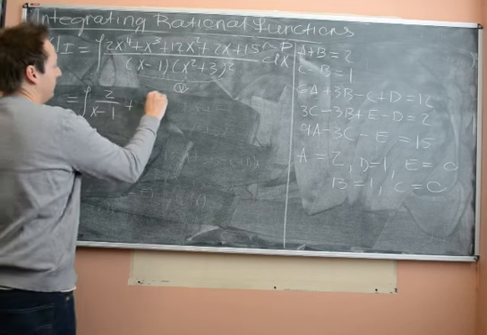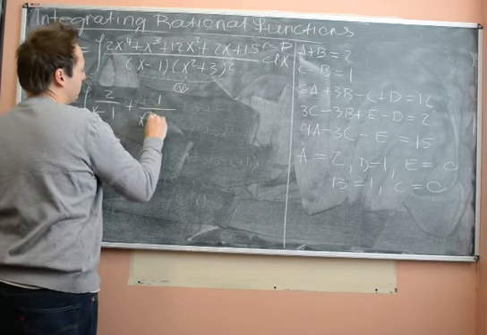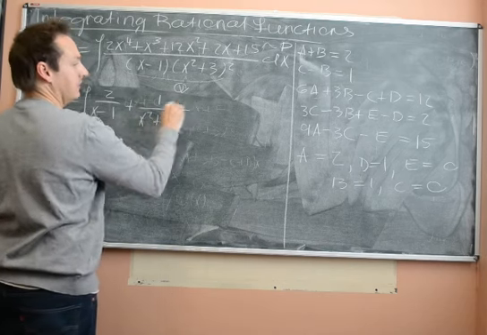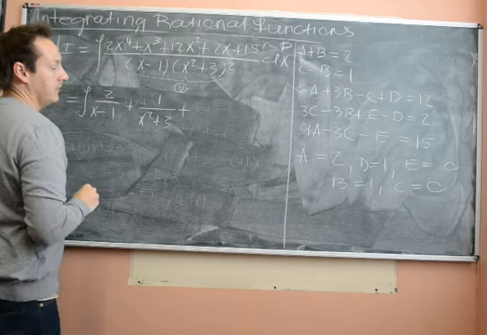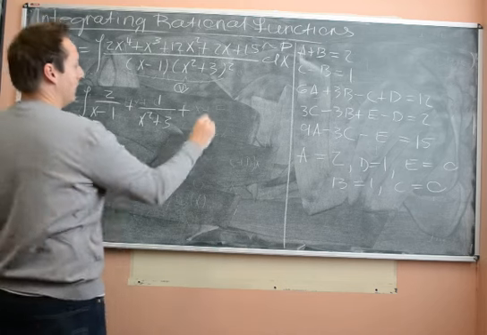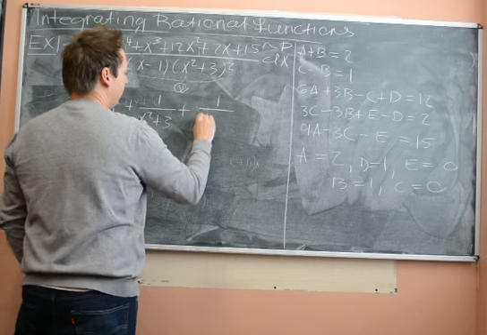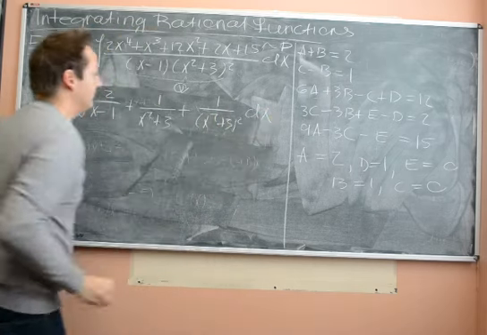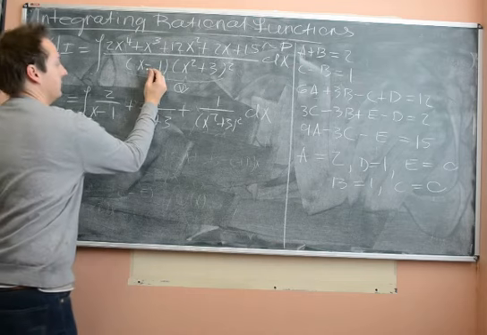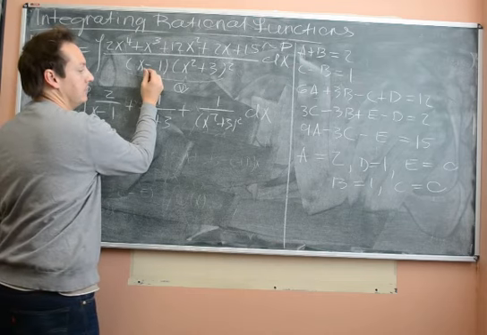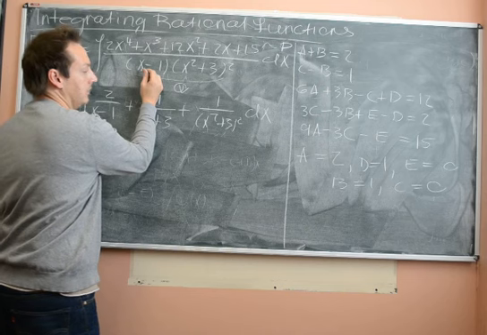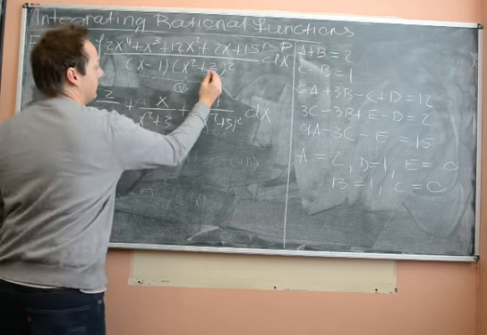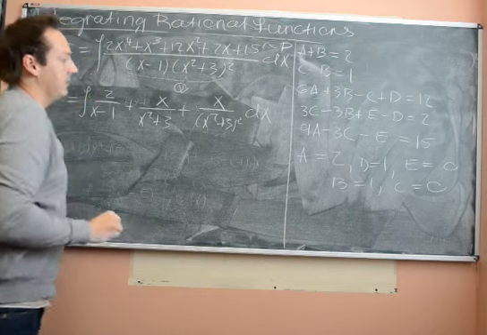So we have x over x squared plus 3 and x over x squared plus 3 all squared dx. Oh, sorry, that's an x as well.